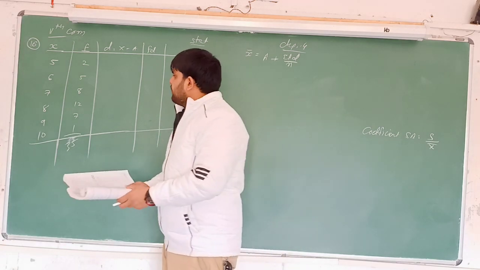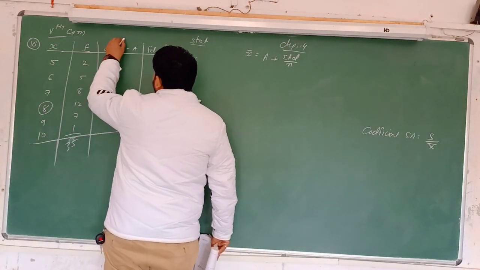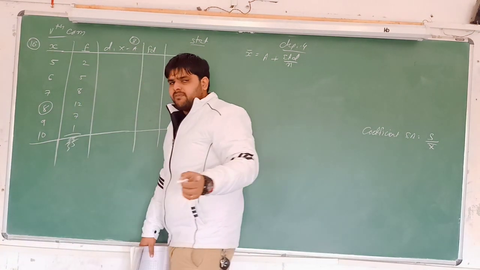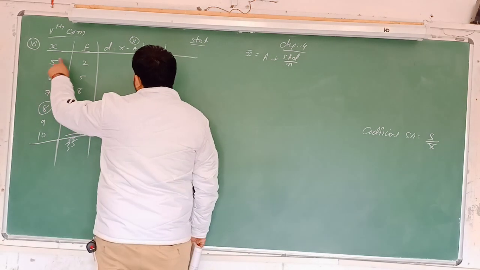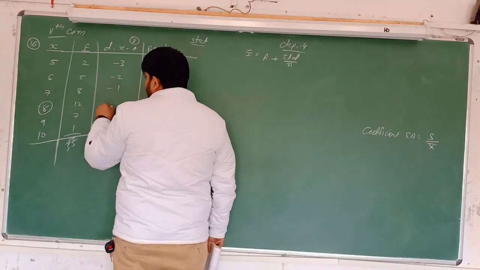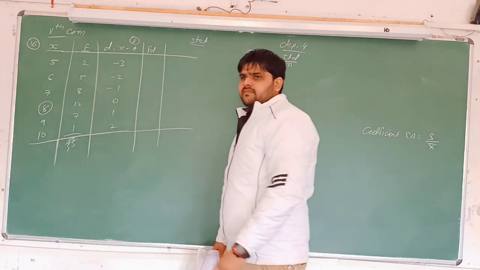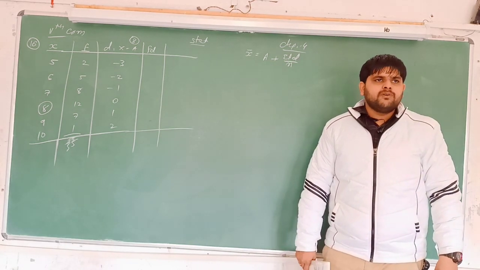So here, for example, we are taking A is equal to 8. If you want to take 7, don't worry, I don't mind. Okay? So here 5 minus 8 is minus 3, minus 2, minus 1, 0, 1 and 2. Is it clear? Good.